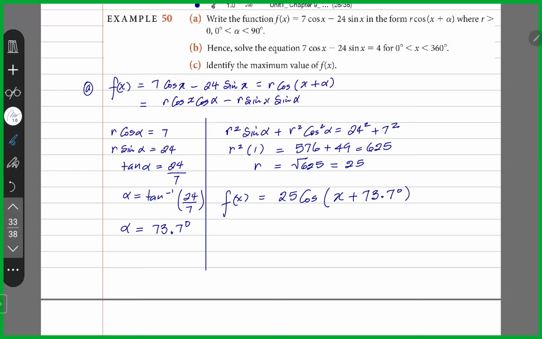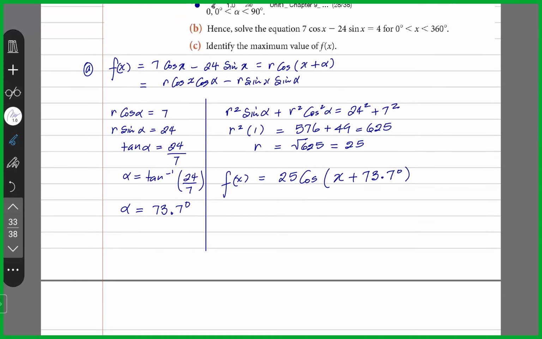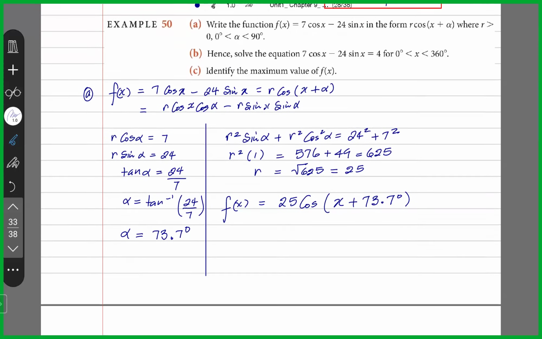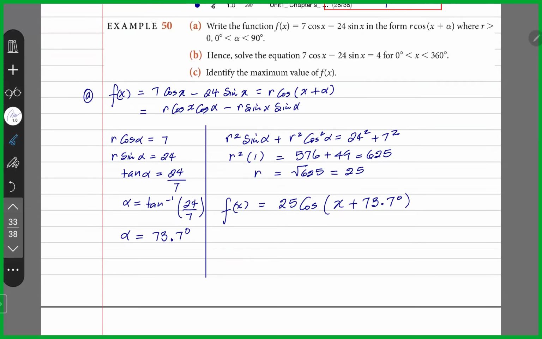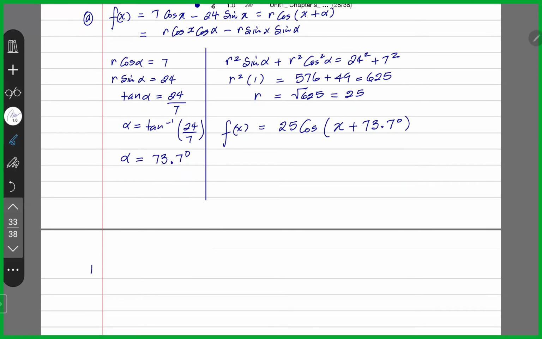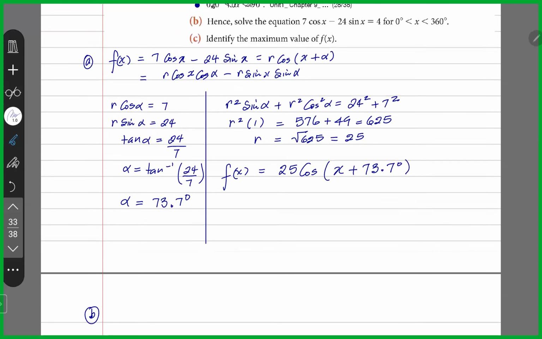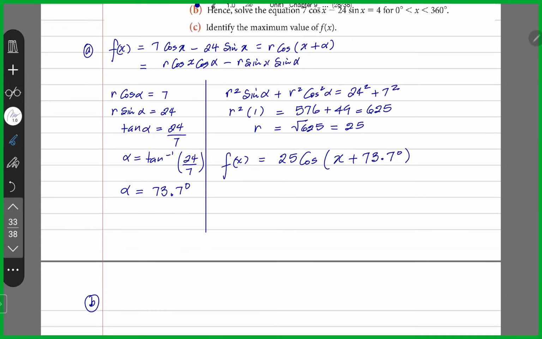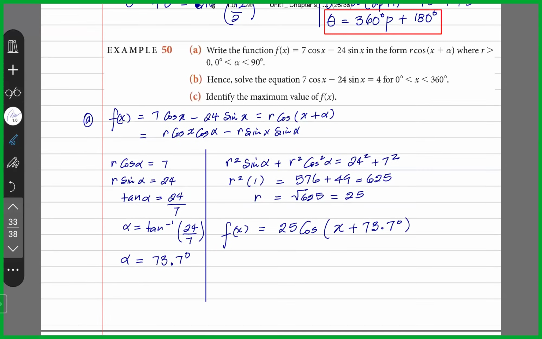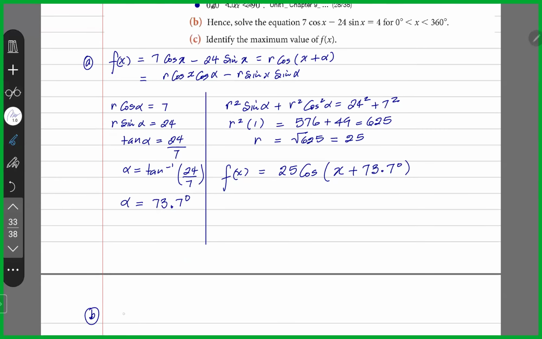B is asking us to solve 7 cos x minus 24 sin x is equal to 4.